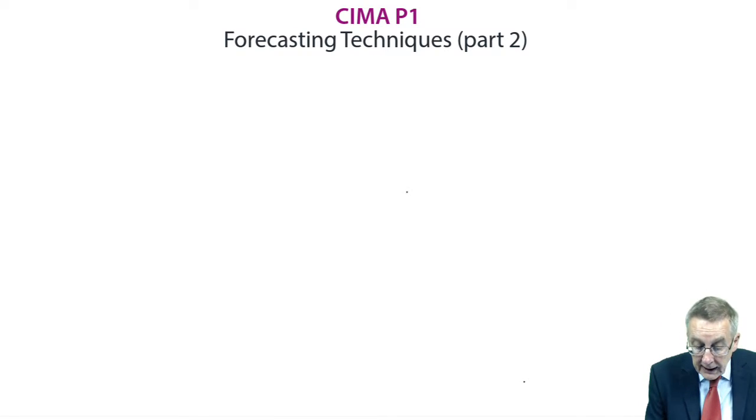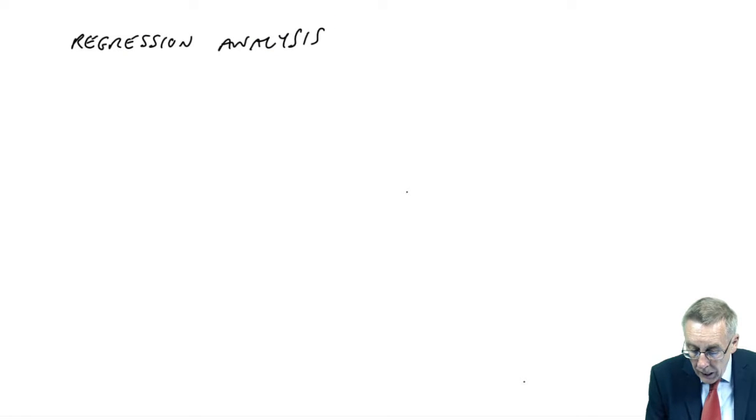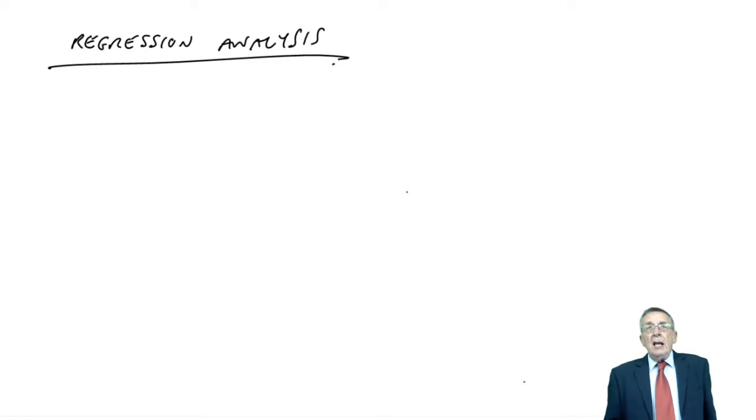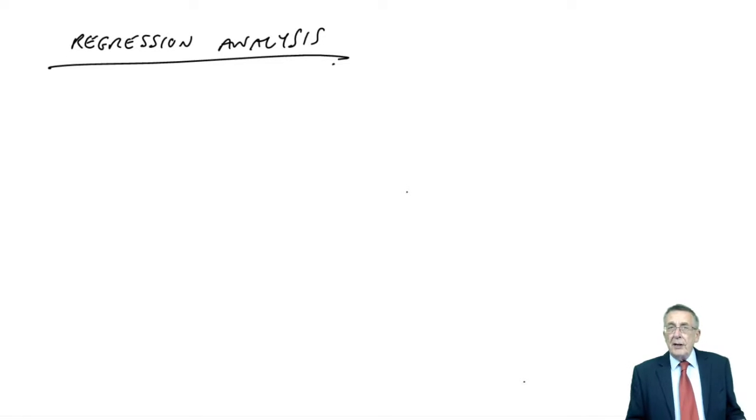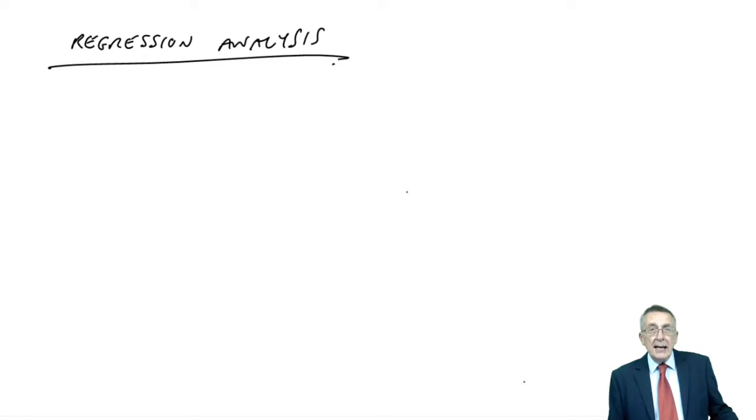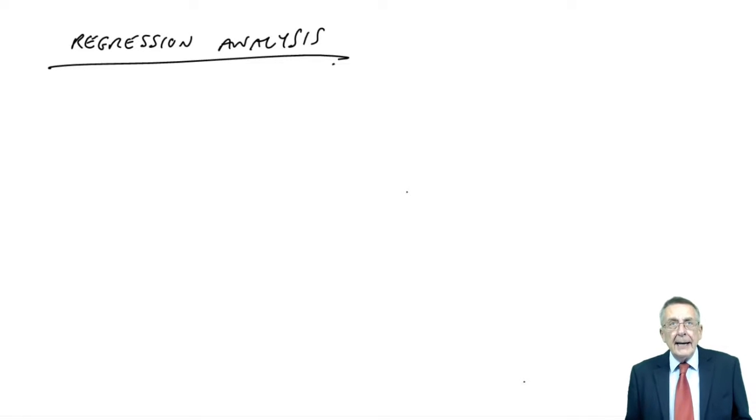And what we're going to look at now is something called regression analysis, which is doing the same sort of thing we were looking at with the high-low technique in the last lecture, but in a rather more accurate way.